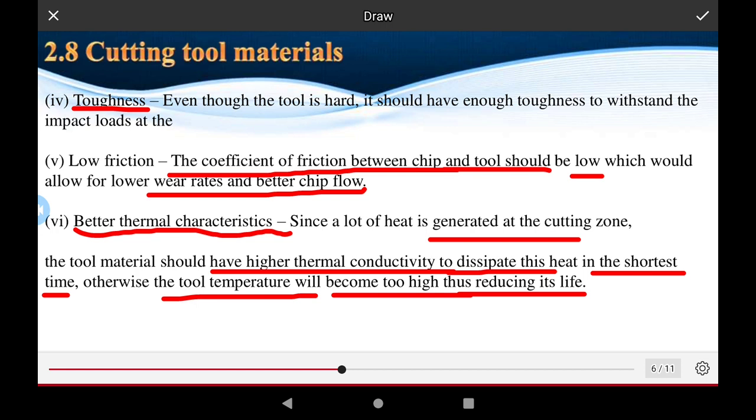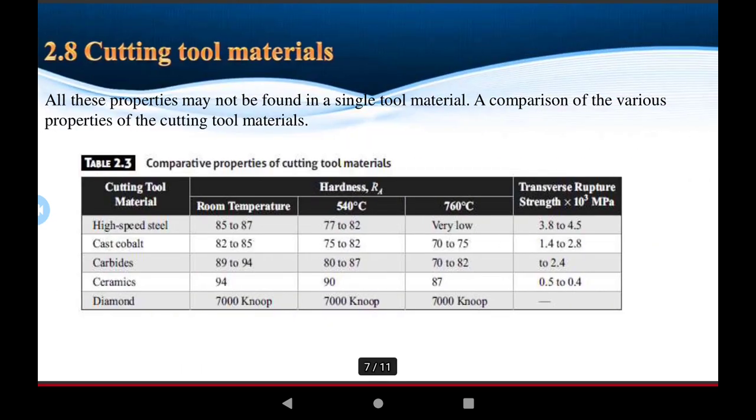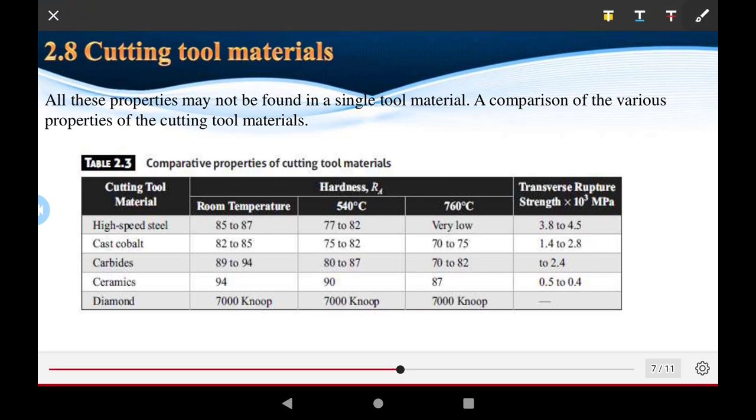The tool life depends on the material toughness and strength of the cutting tool material. All these properties may not be found in a single tool material, so they compensate for the various properties of the cutting tool materials.